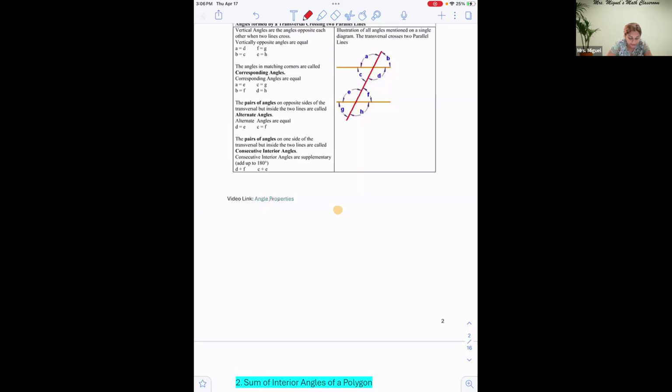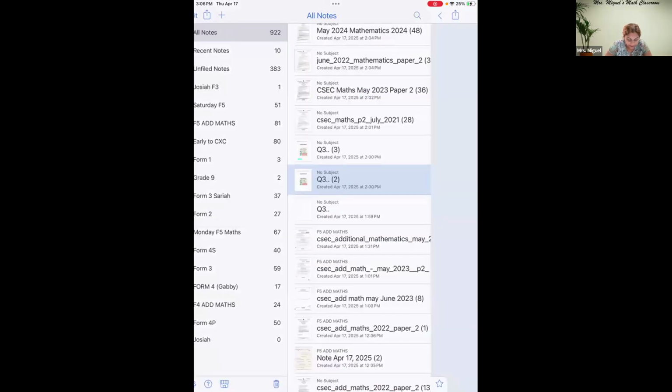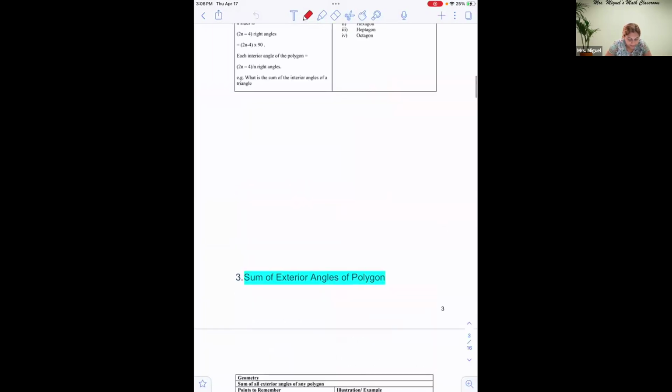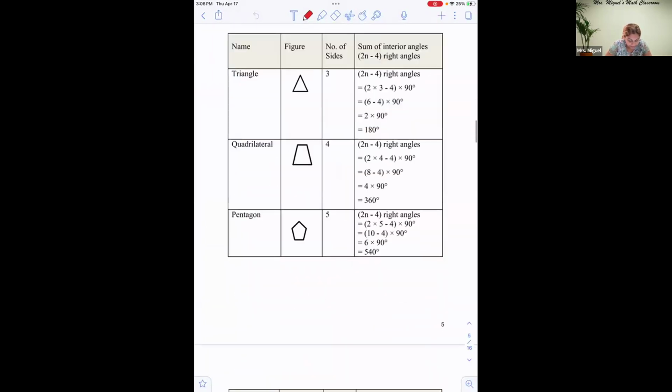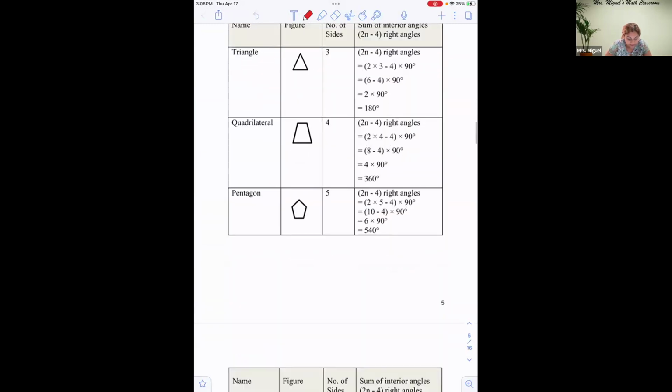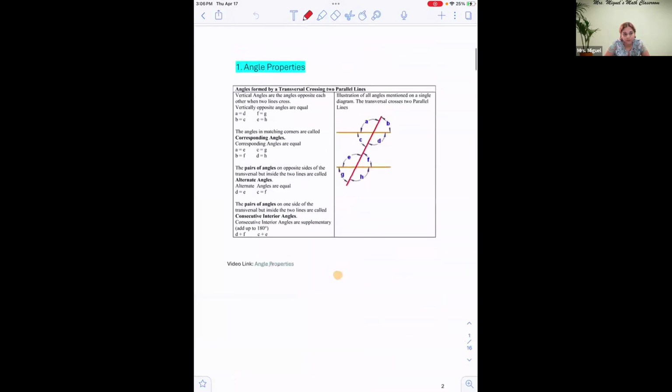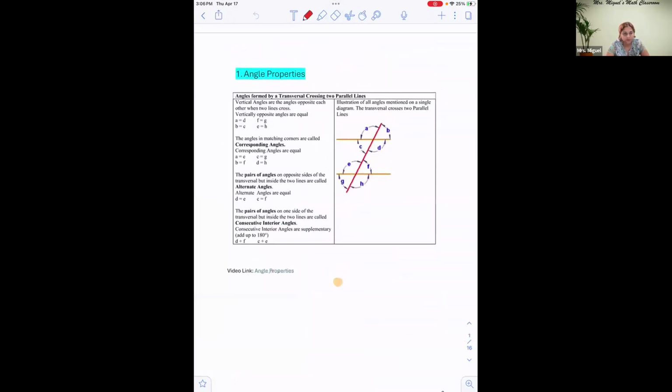When you click on the links, just be mindful that you're supposed to be able to click on the links, and that will take you straight to the specific videos. So we're going to start off with some very basic angle properties.